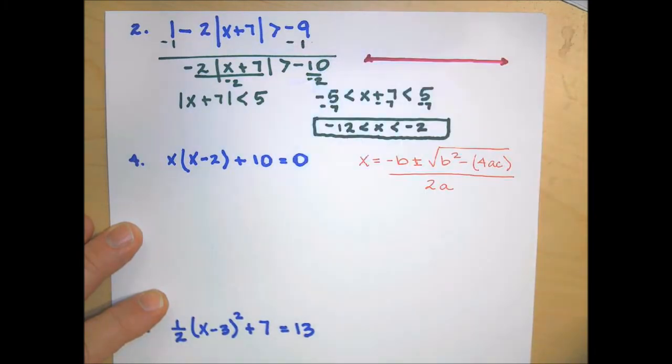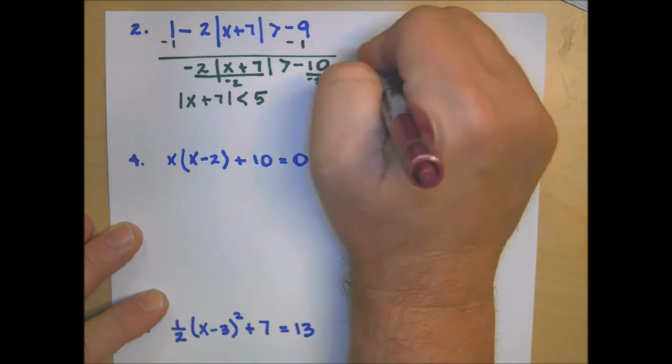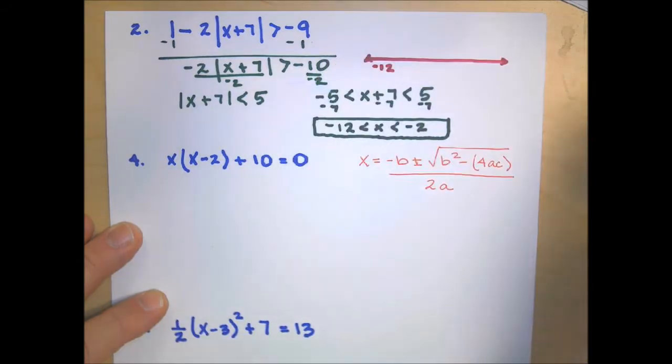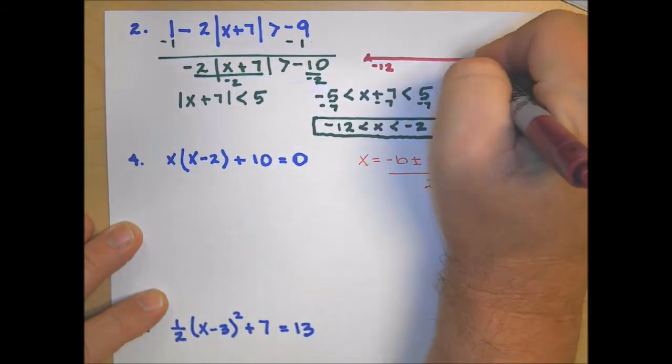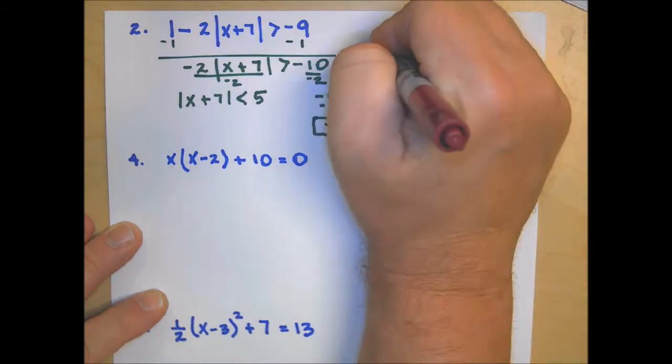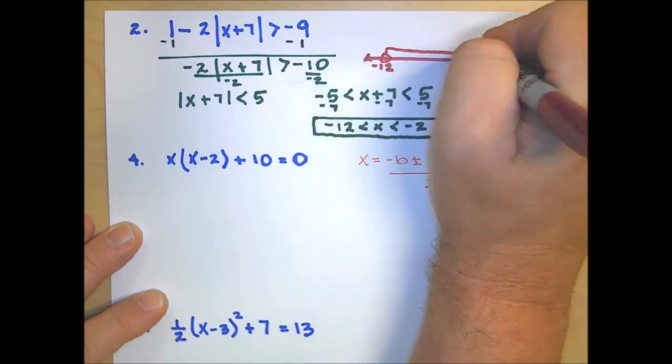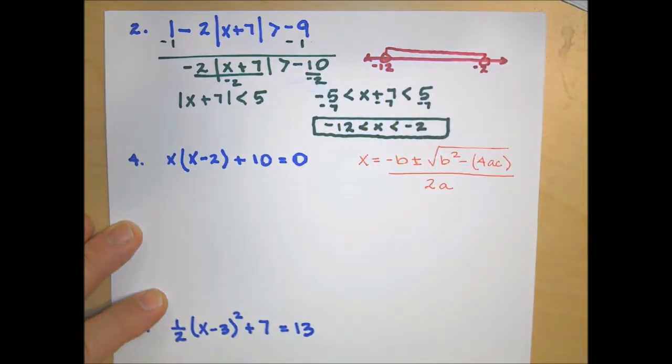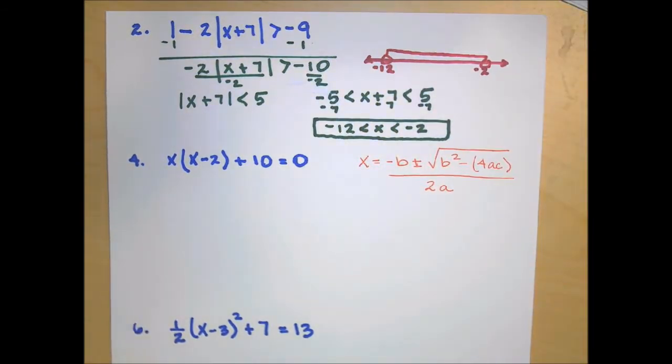I'm going to put negative 12 on one side, negative 2 on the other, and they're going to be open circles. And it's all the x's that can be found in between those two values.